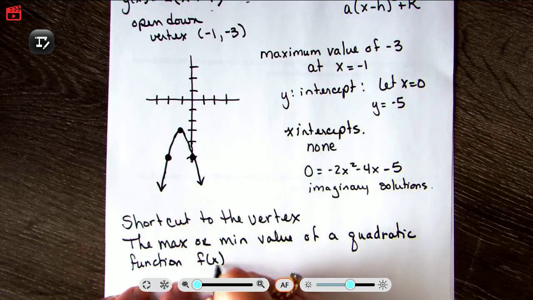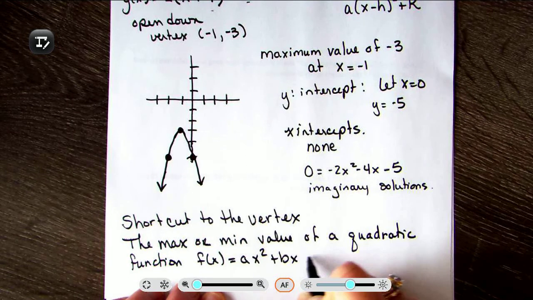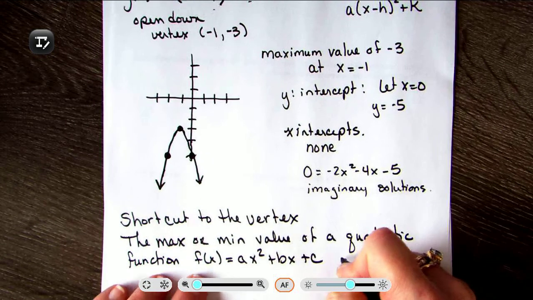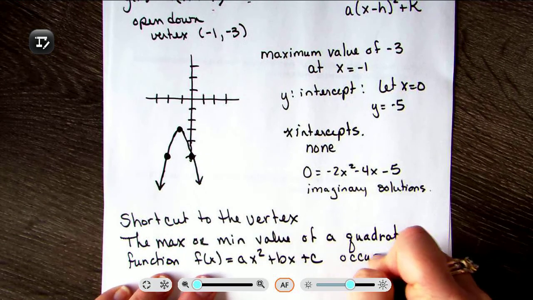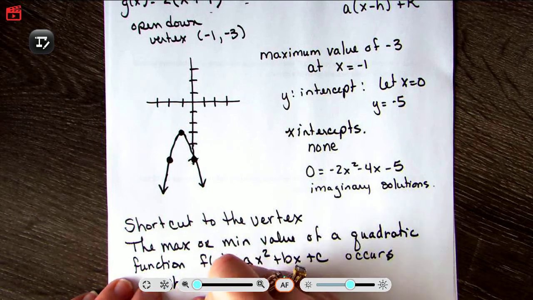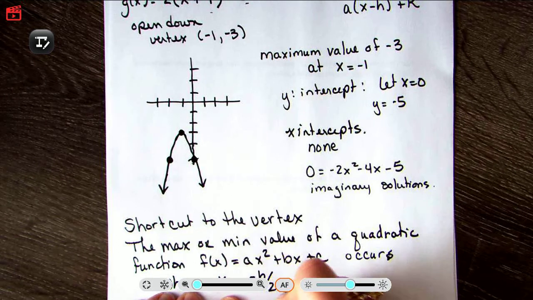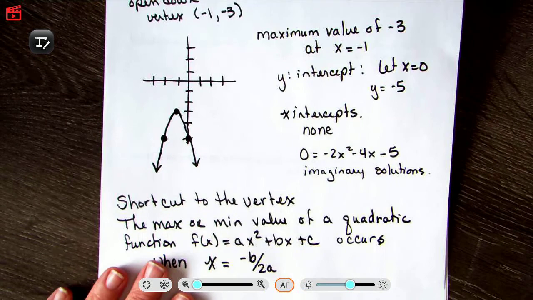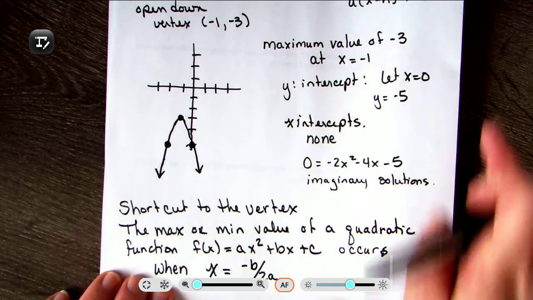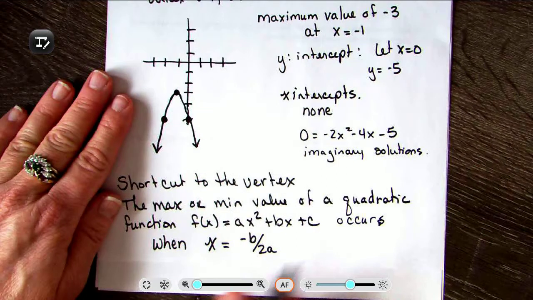f of x, and we're going to put it in its general form, ax squared plus bx plus c, occurs, or we get it, when x is equal to negative b over 2a. Okay, and this negative b over 2a does come from that quadratic formula part, but I want to kind of look at what we had in this last one.